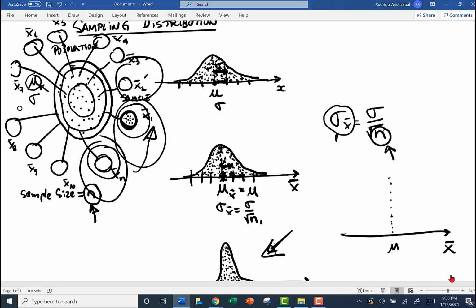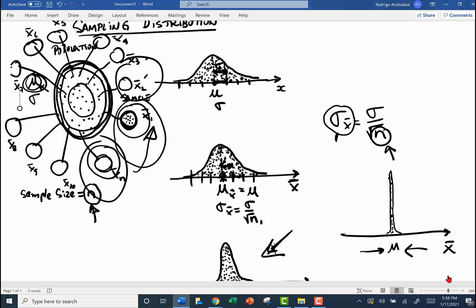If my sample size is the entire population, the mean of this sample will be the same as the mean of the population. Then all of these samples will be plotted one above the other following a vertical line. For big sample size, we obtain a normal distribution like this. The distribution of all sample means will be like this. That is the idea of the central limit theorem.